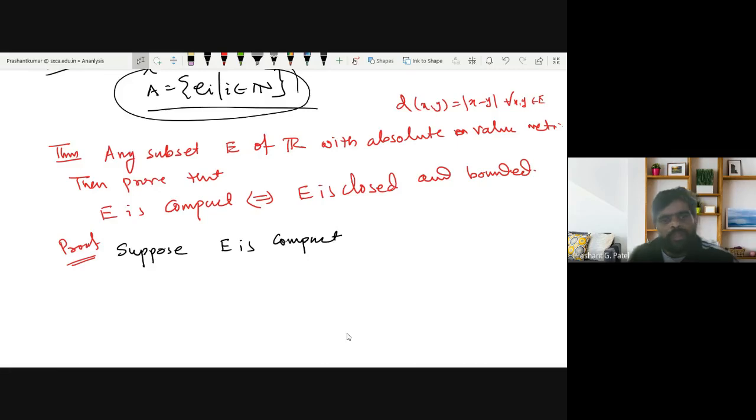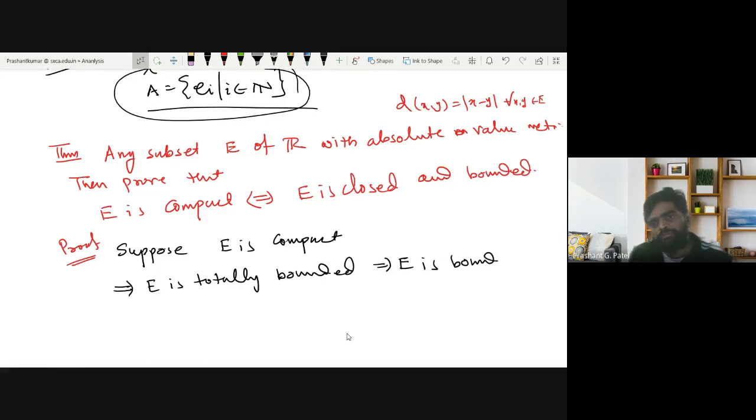Then this will imply that E is totally bounded, which will imply that E is bounded. So the first one, bounded, is done. Now we have to prove that it is closed.